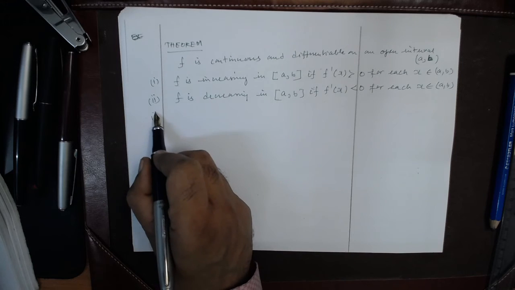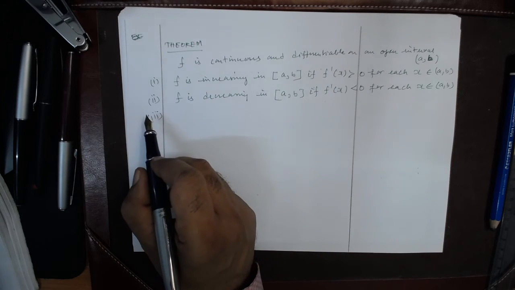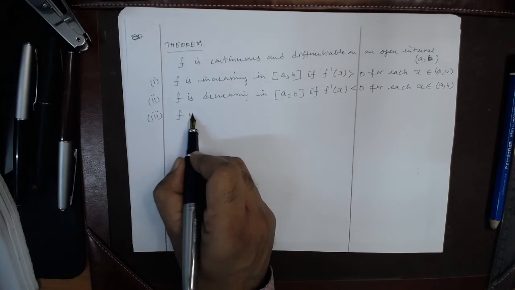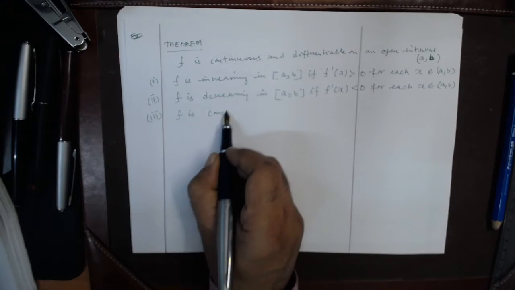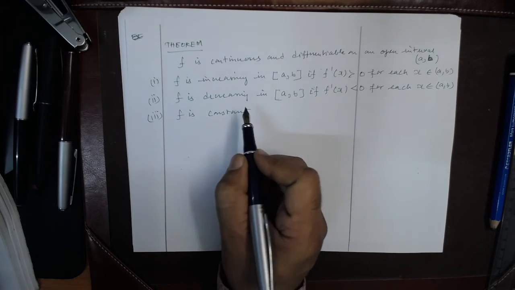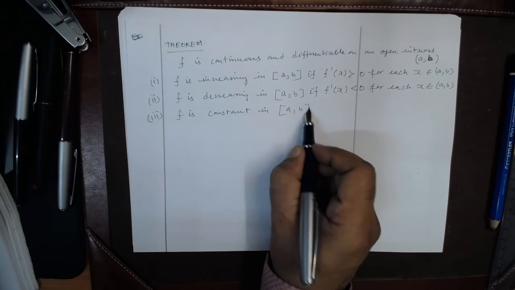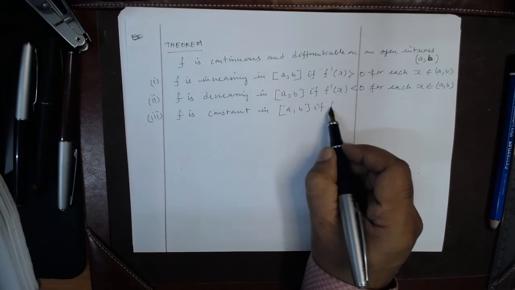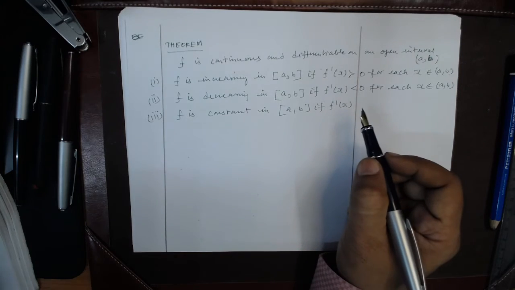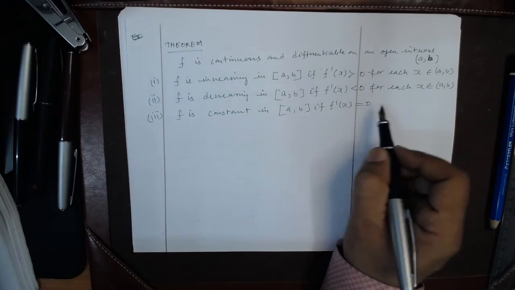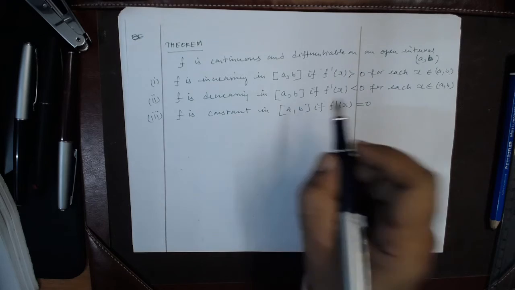Third, f is constant in the closed interval [a, b] if f dash x is equal to 0. When you differentiate that particular function, you should get 0.